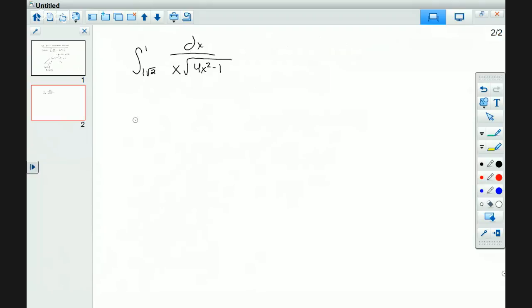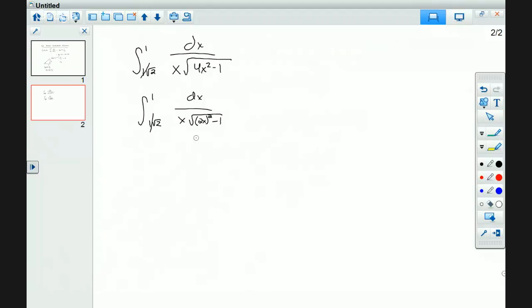You can rewrite this. Oh, 1 divided by root 2. That could change things a little bit. We can rewrite it as such. 4 is 2 squared, so it's 2x, the whole thing squared.